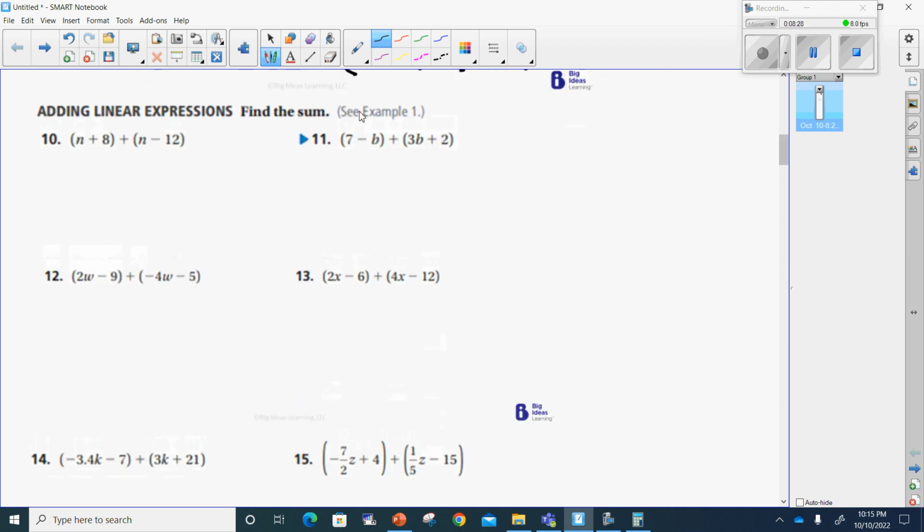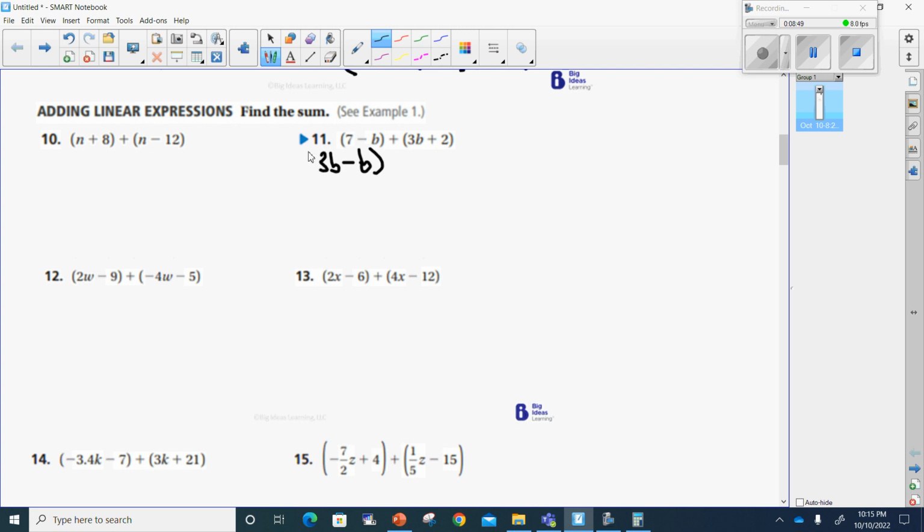All right, number 11, find the sum. I'm going to take my like terms and put them together because I'm adding. I can put my b's together first. I'm going to put 3b because it's positive here, it's a bigger number, and then minus b.